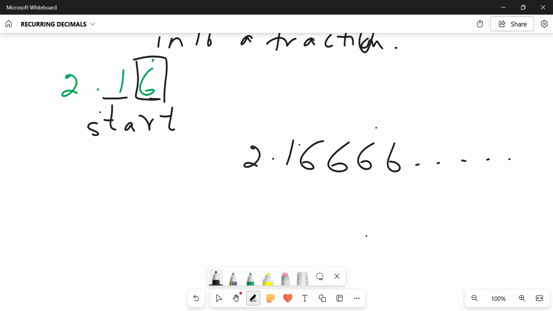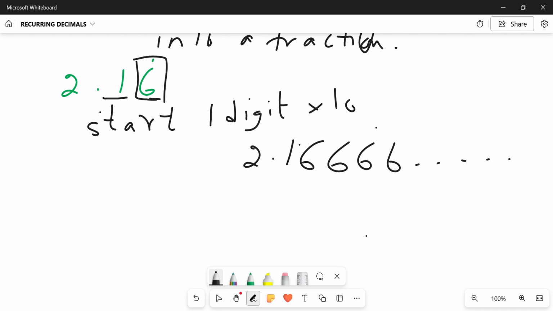After one digit, this 6 starts, and this 6 is a recurring number. So here I'm writing one digit. After one digit means you need to multiply by 10, because the value of the 1 is tenths. So we're going to multiply with 10. This is the starting digit.